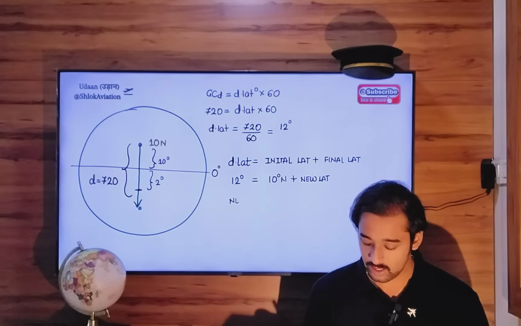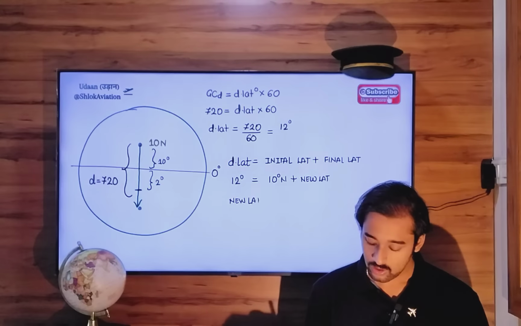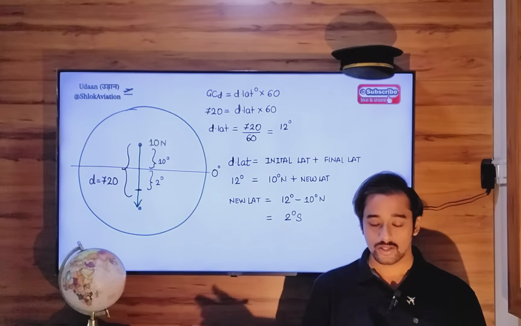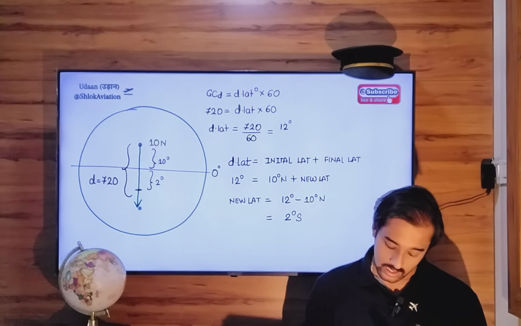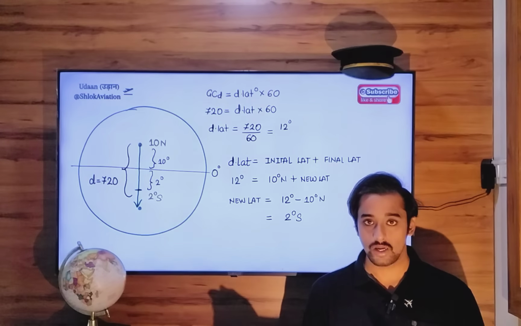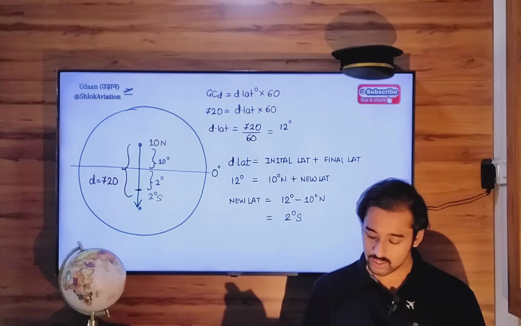New latitude will be equal to 12 degree minus 10 degree north, which is 2 degree south. So new latitude is 2 degree south. So this is how you do this sum.